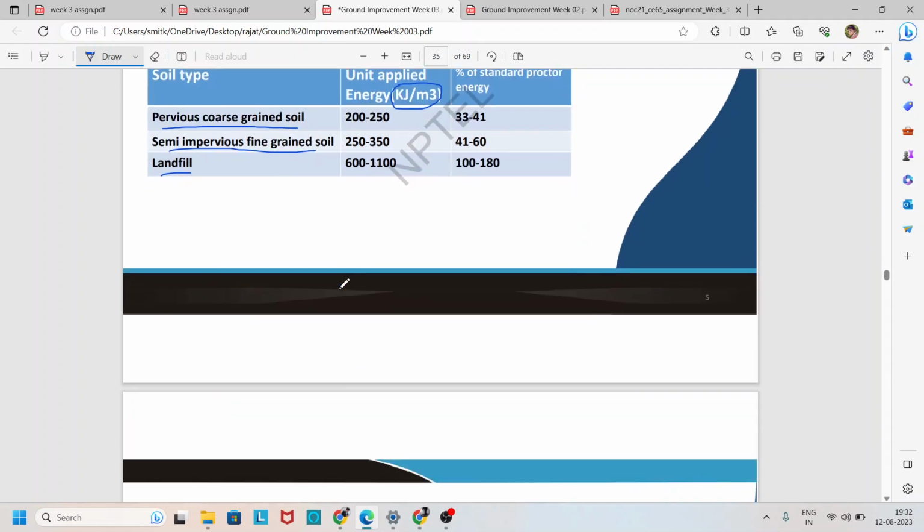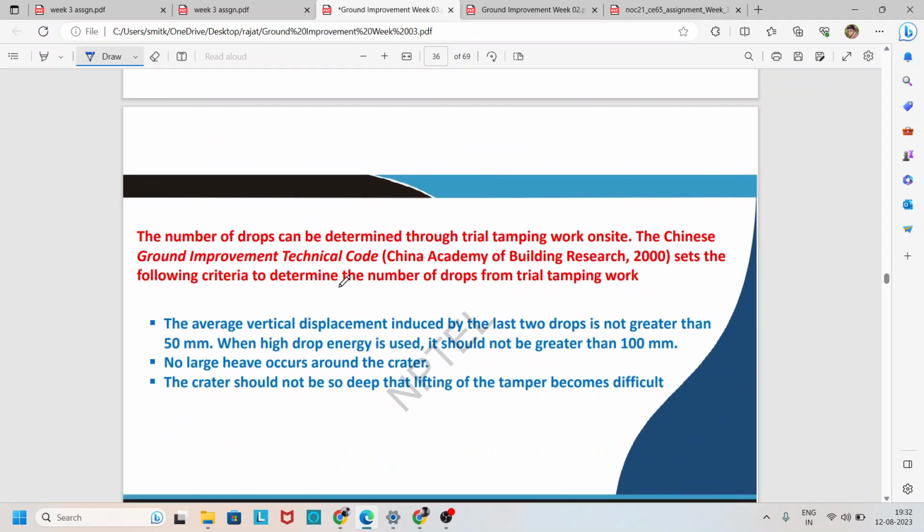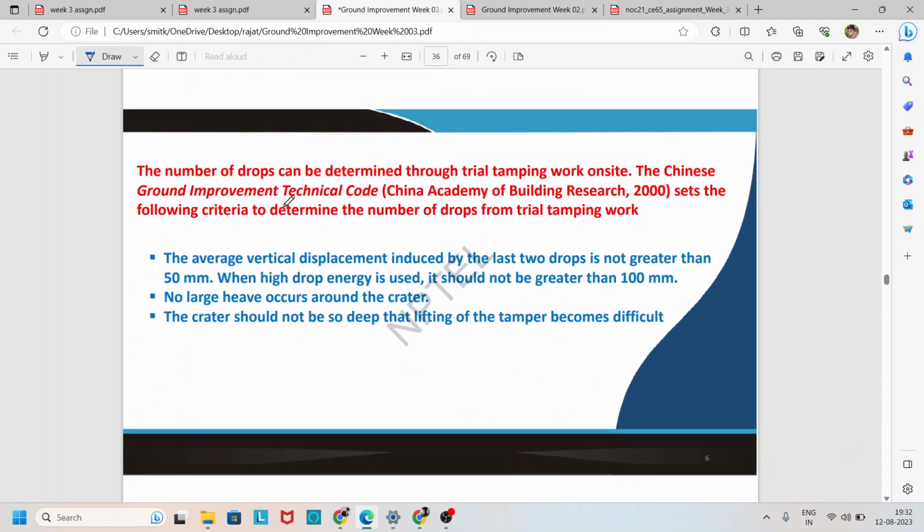In the next slide, trial and error is given to identify the number of drops. How many drops are required for one particular location? It is given by the Chinese Institute Ground Improvement Technical Code, in 3 points.